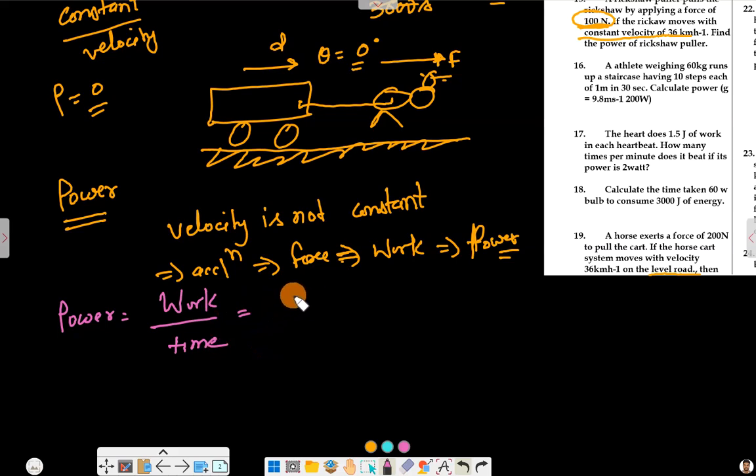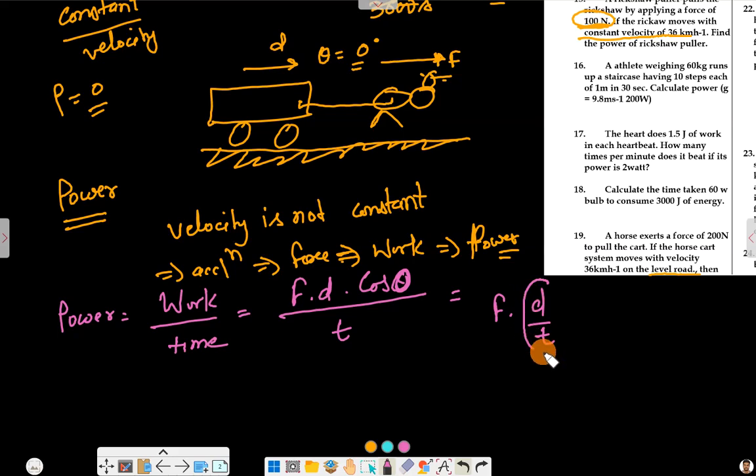Now work is force into displacement, and we have already determined that theta is zero. So force into displacement into cos zero, by time. Cos zero is 1, so it is force into displacement by time, and displacement by time is velocity. So the answer is force into velocity.